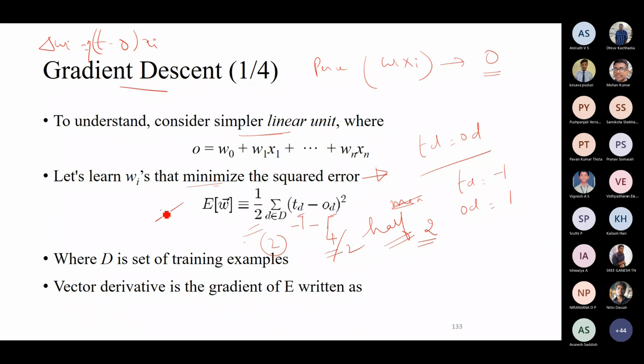This is called the squared error, and it is called the half squared error, which you minimize. Now you are talking about error as TD minus OD the whole squared, because you are talking about assigning it as +1 or -1.